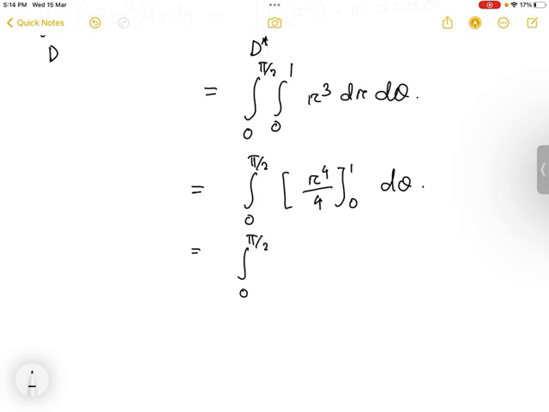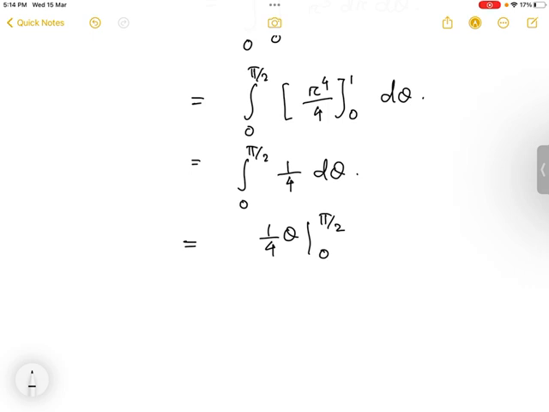If you put 1, this will be 1 by 4. If you put 0, then it will be 0 only. So 1 by 4 d theta. Again, 1 by 4 theta, evaluated at pi by 2 to 0. If you put 0, it will be 0. With pi by 2, it will be pi by 8.